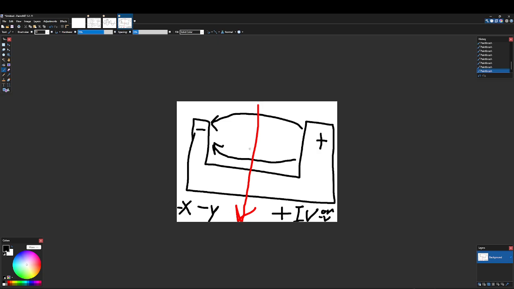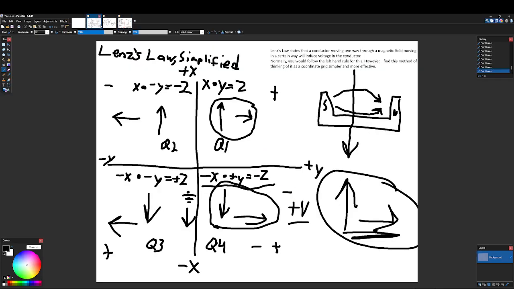Okay, disregard that. I think the best way to explain it is just the whole coordinate grid thing. If it's up and right, it's right. If it's down and left, it's right in a wrong way. But these two are both wrong. That's a way to think about it.